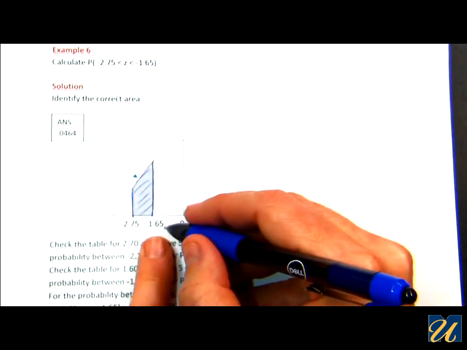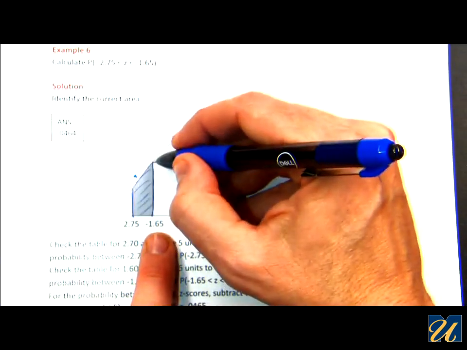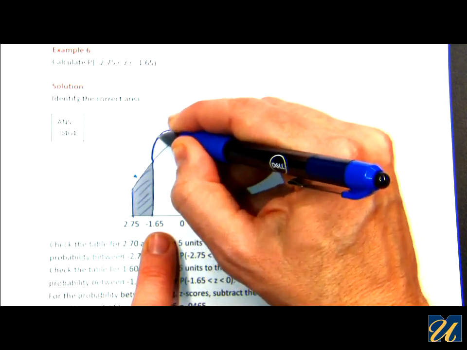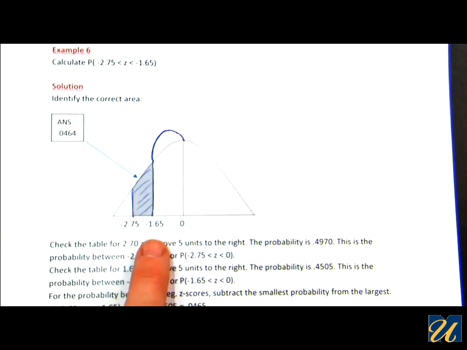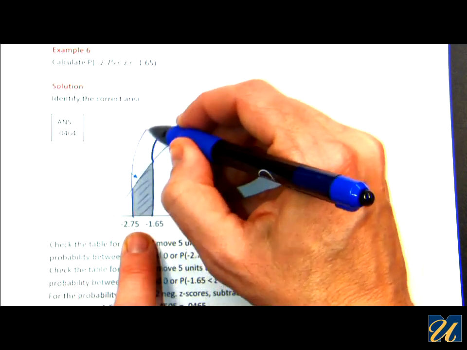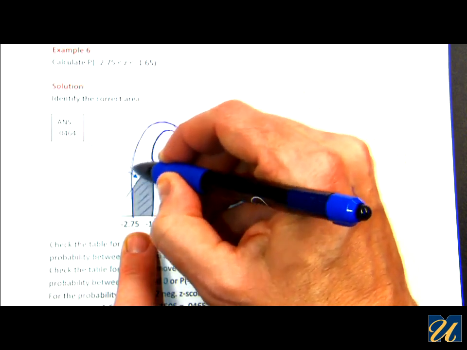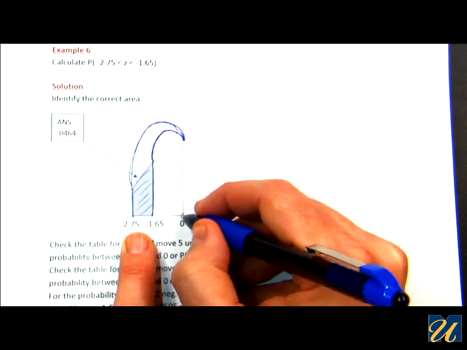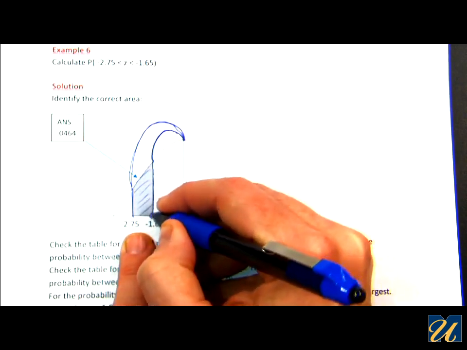I will take the absolute value and I will check for 1.65. That will give me this area right here, and then I will check for 2.75. That will give me this area. Keep in mind, from the table that we use, you always get the area from the mean to the z-score.